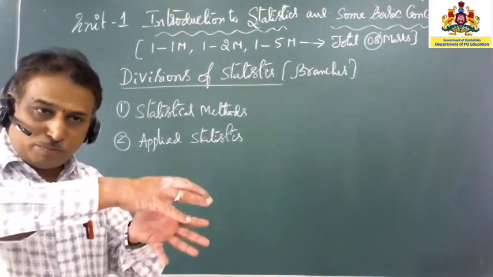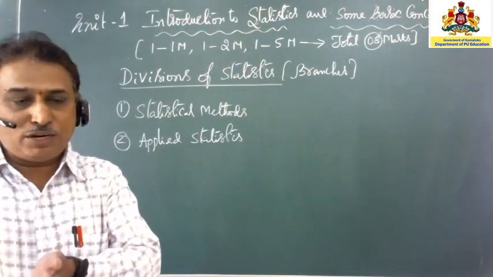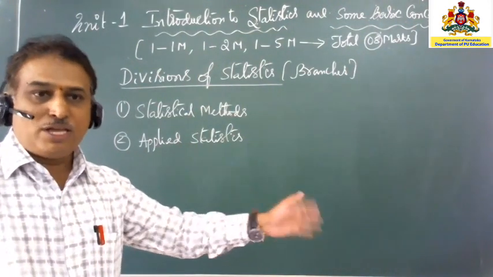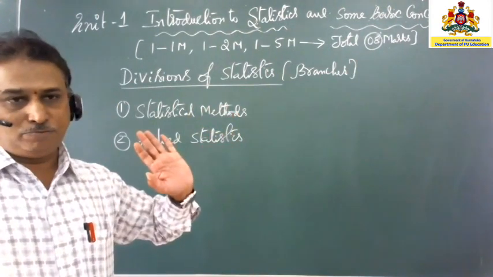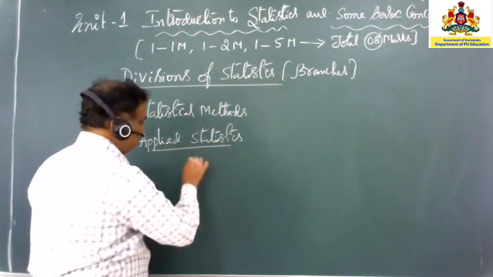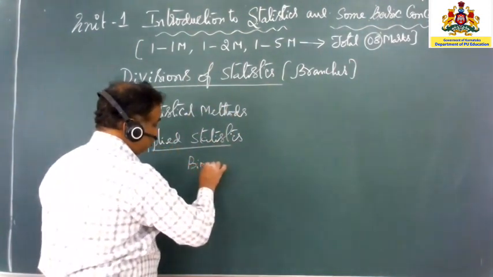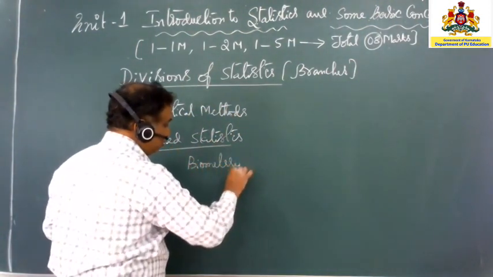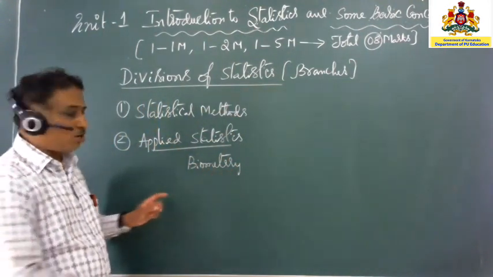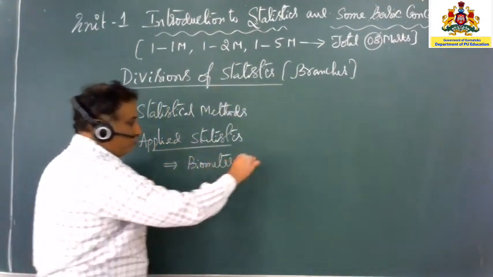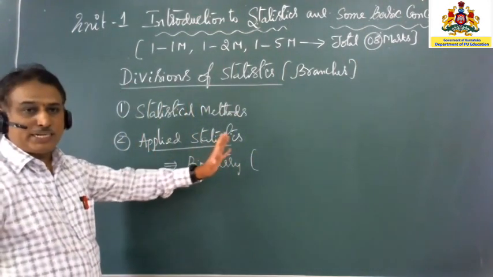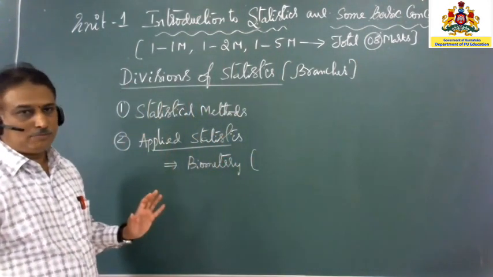Here also we are following the general procedure of statistical techniques in the field of other subjects. For example, biometry. In biometry, we are applying the statistical concepts in the field of biology. That's why biostatistics has developed.